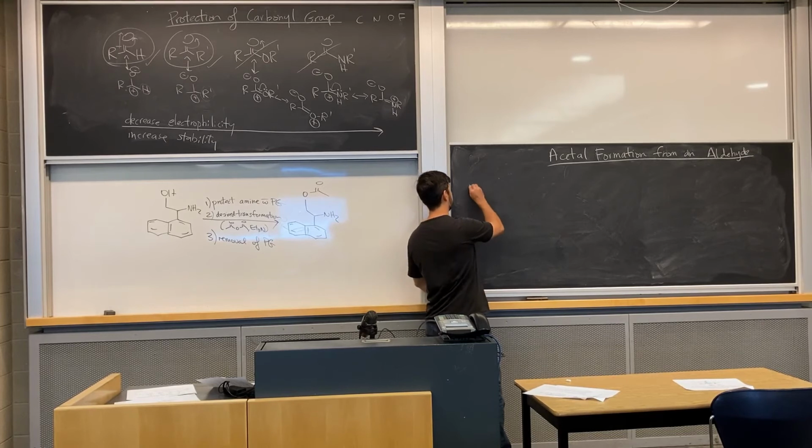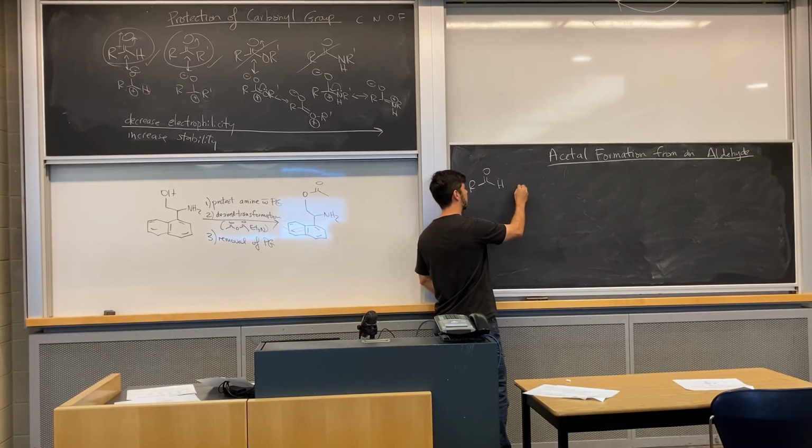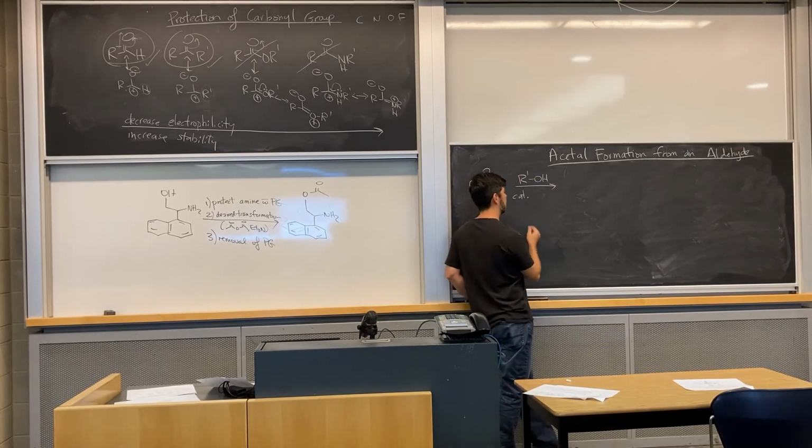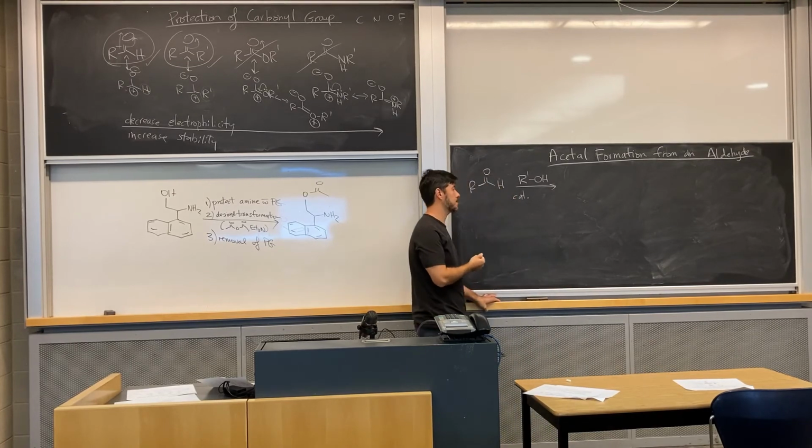So let's go through this protection, and what we're going to do is treat this with an alcohol, and we're going to use catalytic amounts of acid. The acid that we'll use is para-toluene sulfonic acid.